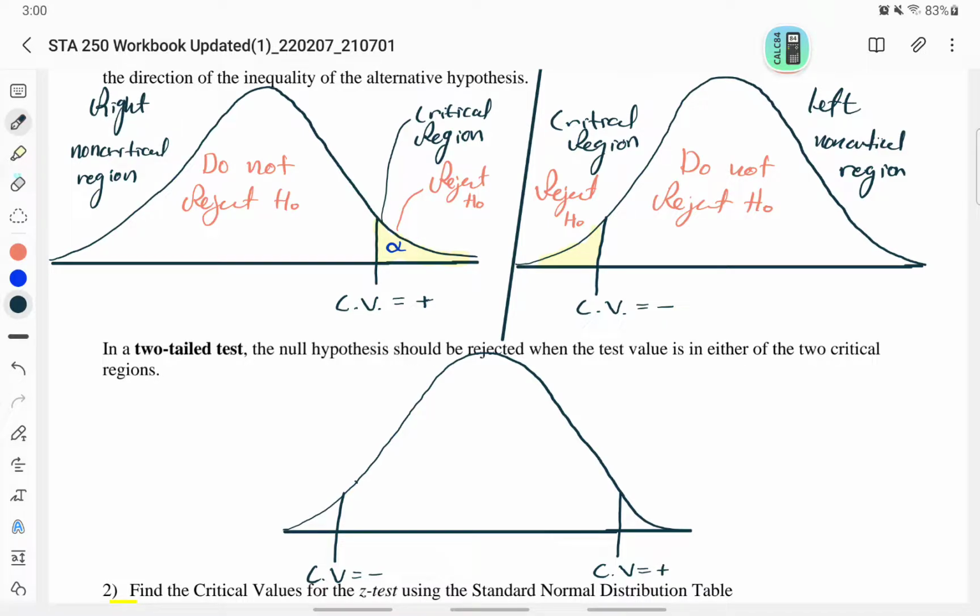It'll be the same number with different signs. We already established before that the shaded area is going to be the critical region. So there's a critical region on both sides: the critical region on the right, and the critical region on the left.